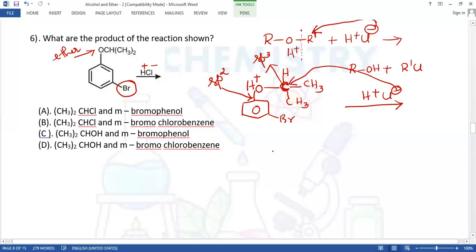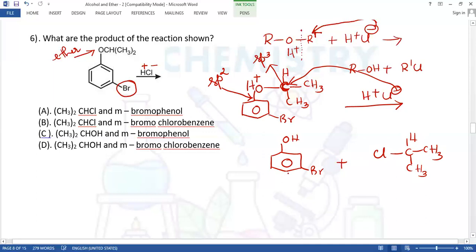So therefore we'll get the product: benzene ring attached to the OH, then there is a Br, correct? Plus Cl, then CH, CH3 two times on the same carbon atom, right? So we'll name the compound.